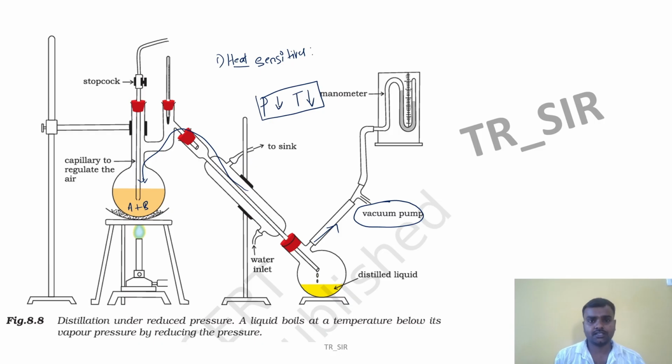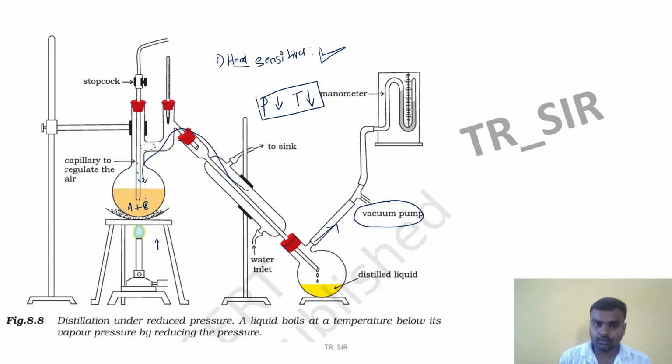As the temperature decreases, we are protecting the heat sensitive component. When we decrease the temperature, it cannot decompose. Now we can start heating, so A will start boiling and giving vapors.